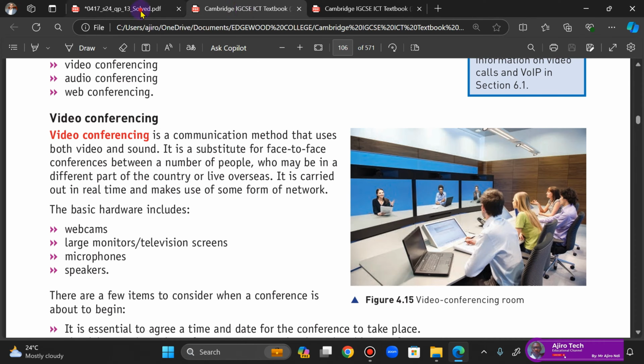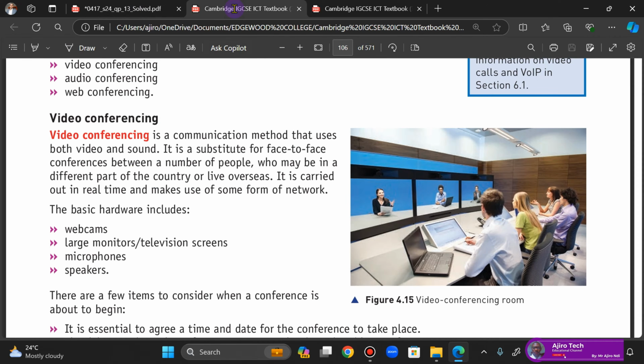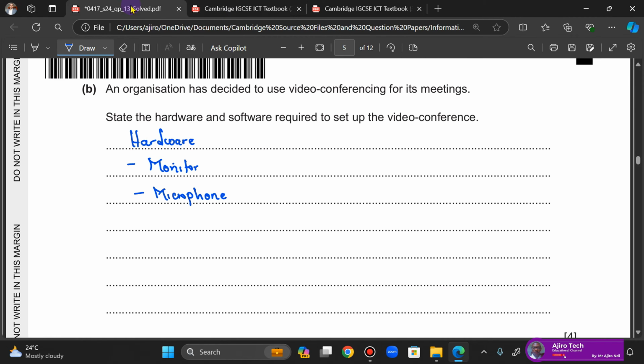We have microphones. Okay, microphone. Speakers. Okay, so for its meetings, let's say microphones, speakers. There are others like your router because you need internet.